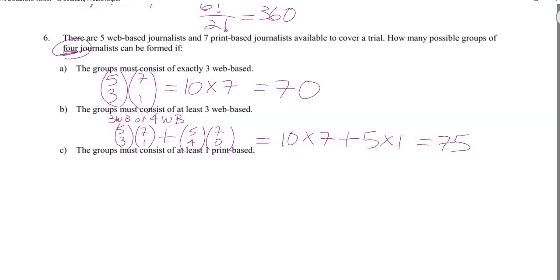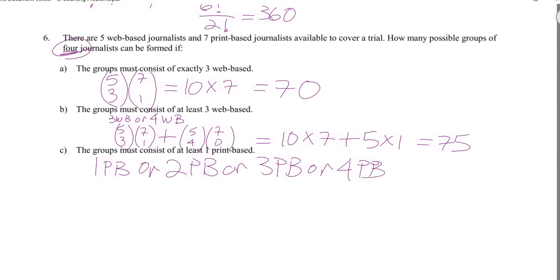The group must consist of at least 1 print-based journalist. So that's 1 print-based, or 2, or 3, or 4 print-based. Now, if we think about it, what can we have in the way of print-based? We can have none, or 1, or 2, or 3, or 4. So there's also no print-based, and that would be all the possibilities.